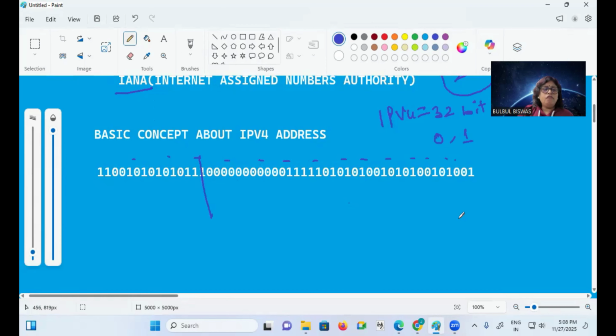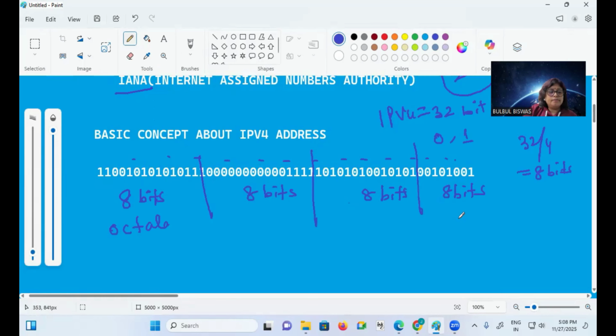Now see, if we divide it into 4 parts, these are nothing but 8 bits each, because if we divide 32 into 4, that is 8 bits. So it is divided into four 8-bit parts, and we call each an octet.